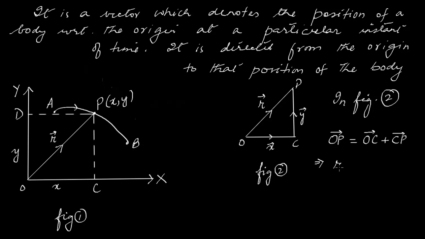OP bar is R bar, which is equal to OC bar, here is X bar, plus CP, which is Y bar. Yes? So this implies R bar is equal to, now X bar, I can write it as X into I cap. Yes? Y bar, I can write it as Y into J cap.